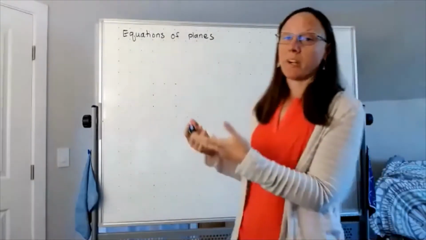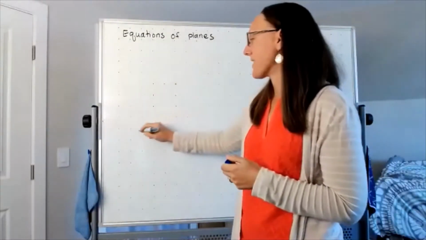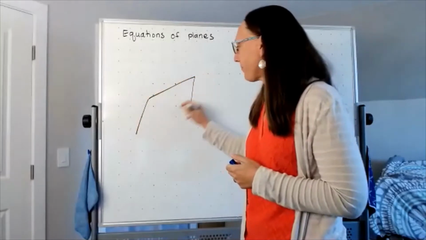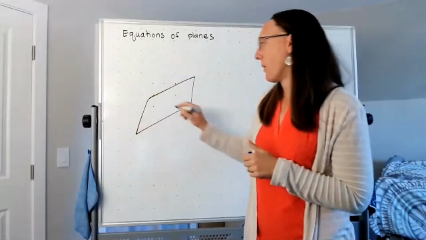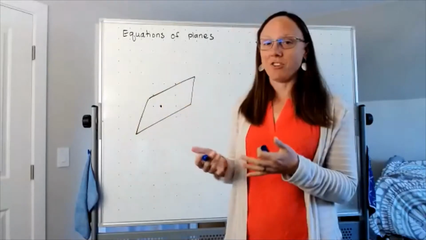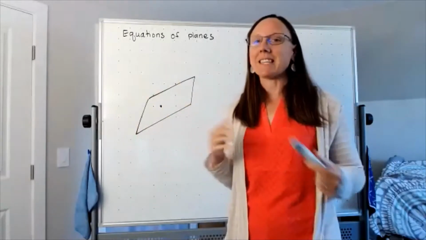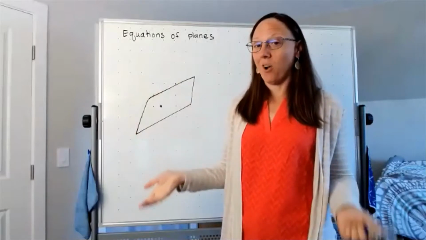We're going to think about a plane really as kind of a flat sheet. And a plane is characterized by a point and a direction. And if you think about it, that's kind of how we characterize a line also.